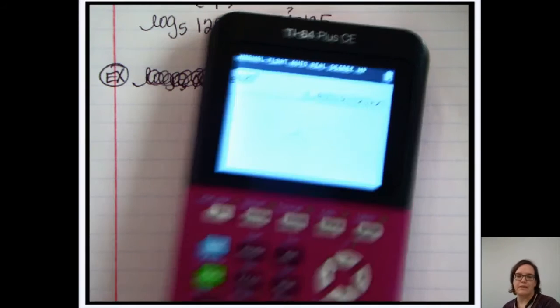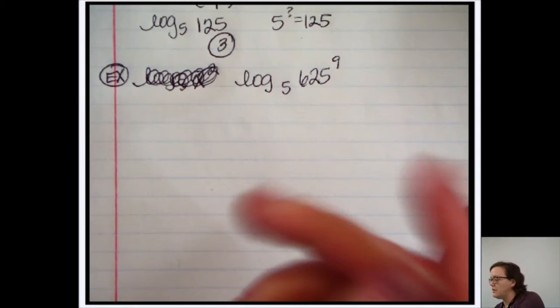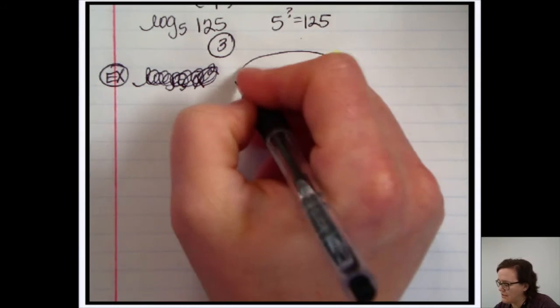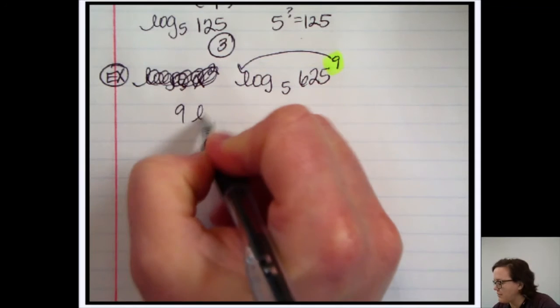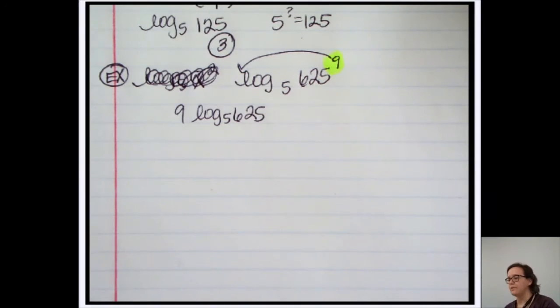However, we can do it a little bit easier by using our power rule, which just says we bring that power down to the front. So we get 9 log base 5 of 625, because when you have a power to a power, we multiply.